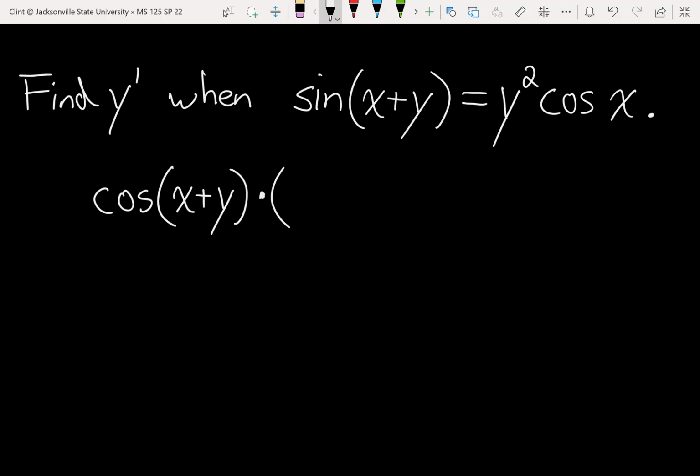So the derivative of x, what's that? It's just 1. And then plus the derivative of y, that would be 1. But then we need times y prime or dy dx, whichever notation you want to use. Okay. That's our left side.